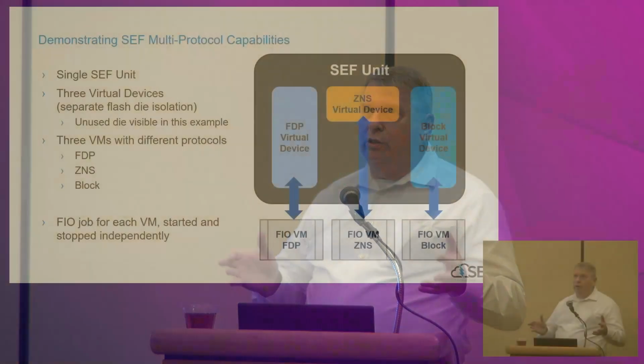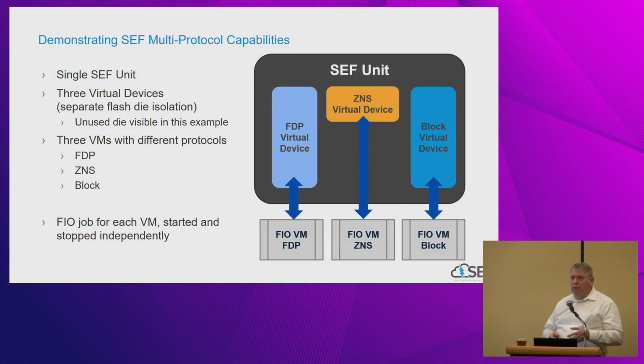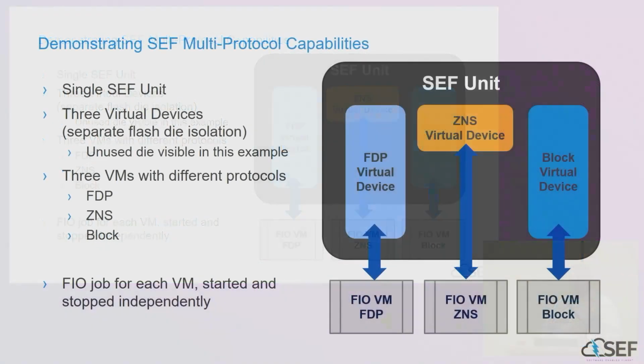Last demo is the discussion of how we're going to set this up so you can see it actually. We're using a single drive. Again, I don't think anybody's actually going to run it this way, well, except for maybe the cloud service guys with virtualized servers. But we'll take a single unit, we'll leave empty space. I know this was a question of, can you not use particular die? Yes.